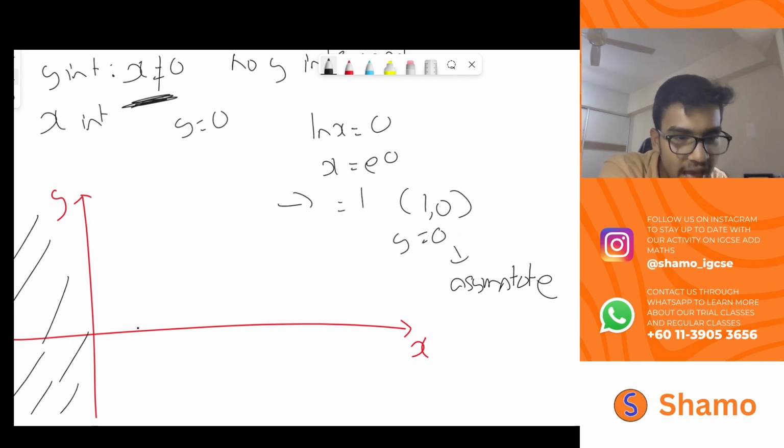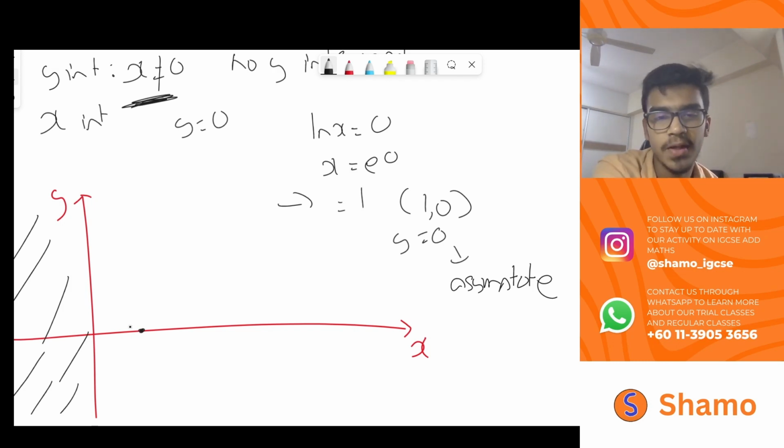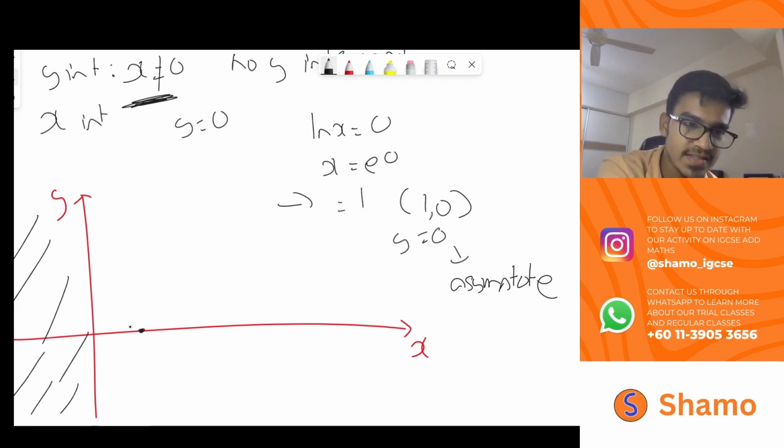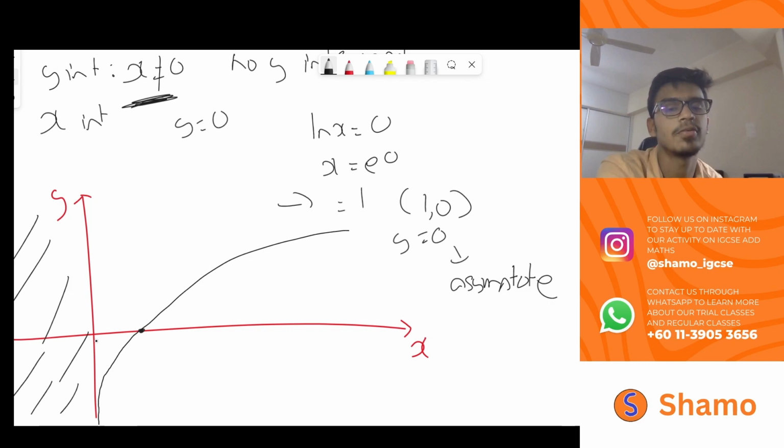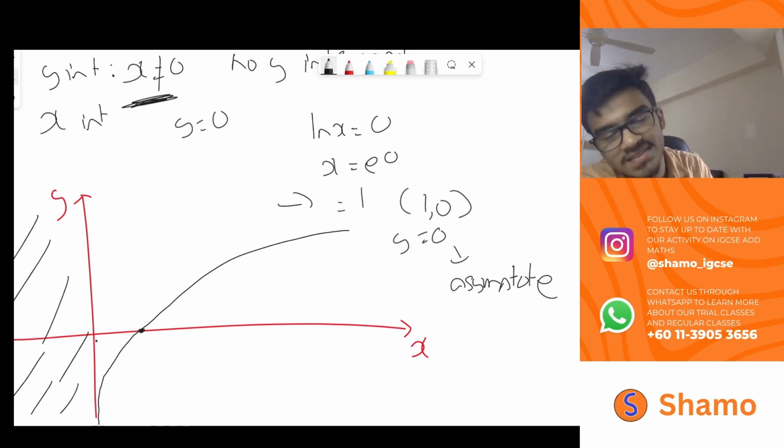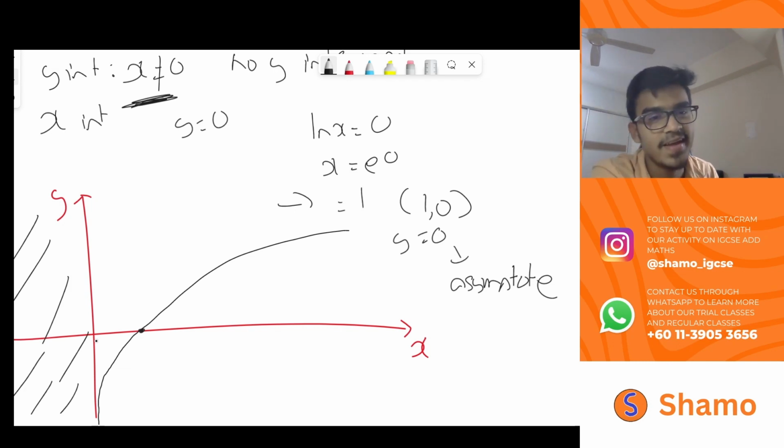We know there's a point here. Now think about it: as x increases, y will increase. That makes sense, but in this case, it's slightly different. We have an asymptote like this, and that's how the graph will look. It will increase, but it will increase decreasingly. It's like your velocity is increasing, but your acceleration is decreasing.